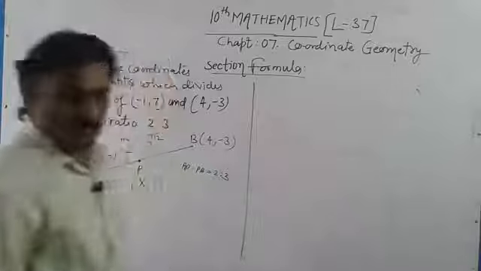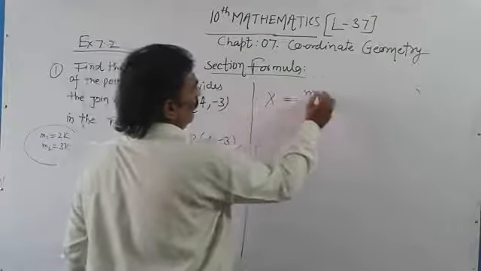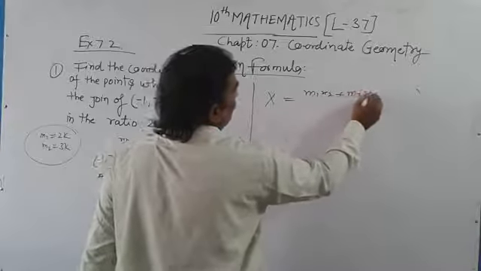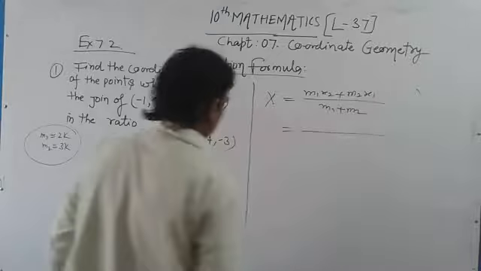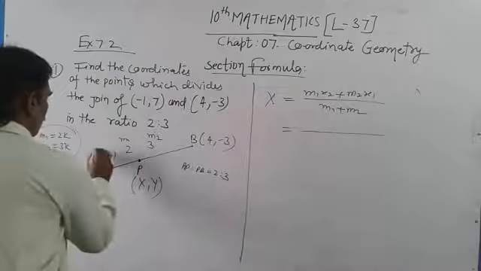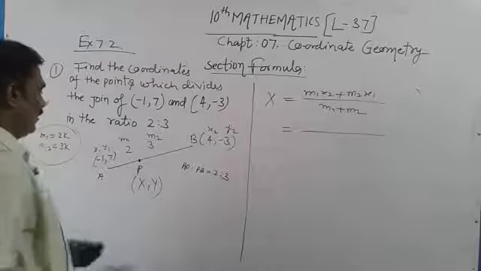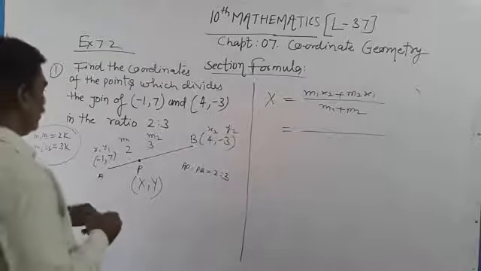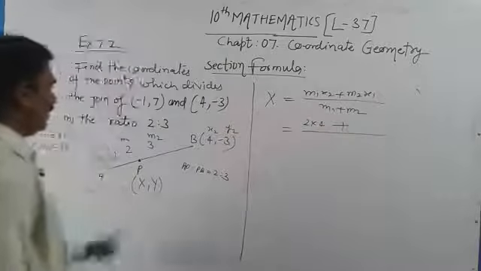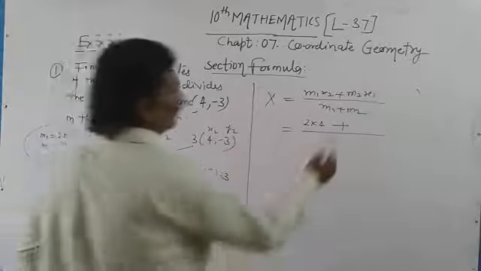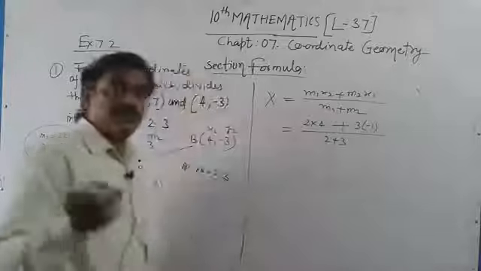Now for this question, capital X is equal to m1 x2 plus m2 x1 upon m1 plus m2. Now putting the values here, x1 y1 and x2 y2. m1 is 2, x2 is 4, so 2 into 4 plus m2 is 3, x1 is -1, 3 into -1, upon 2 plus 3, m1 plus m2.